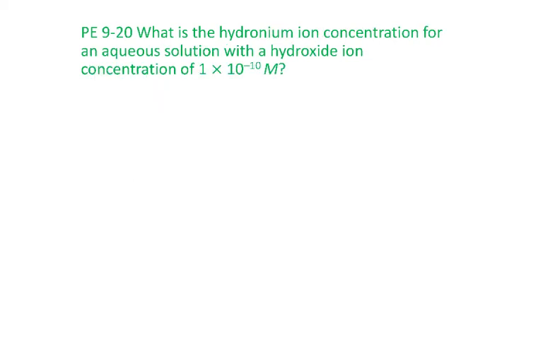Okay. What is the hydronium ion concentration for an aqueous solution with a hydroxide ion concentration of 1 times 10 to the negative 10? So the fact that the last question, we knew the hydronium and we were solving for hydroxide, and this time we know hydroxide and we're solving for hydronium, it doesn't really change the way we approach this question at all.